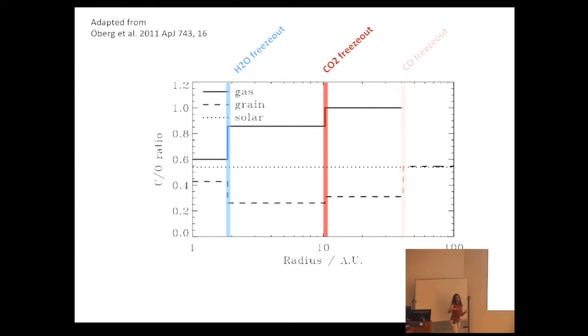As you move away from the host star, you have a gradient in the chemistry, and you get water freezing out here, and the gas becoming preferentially carbon-rich because all the oxygen has frozen out in water. And so if you have a carbon-rich hot Jupiter atmosphere, that suggests perhaps that it formed beyond the water ice line where the gas is carbon-rich, and as it accreted a lot of that gas, you ended up with more carbon in the atmosphere than you would expect relative to the composition of the host star.